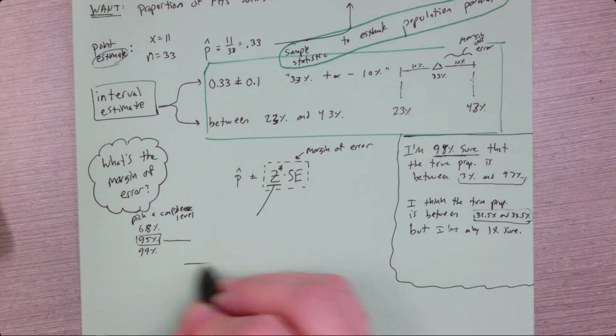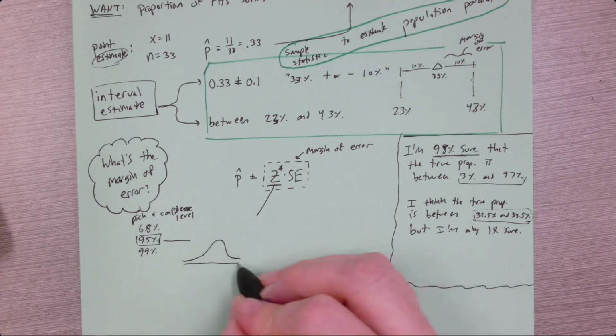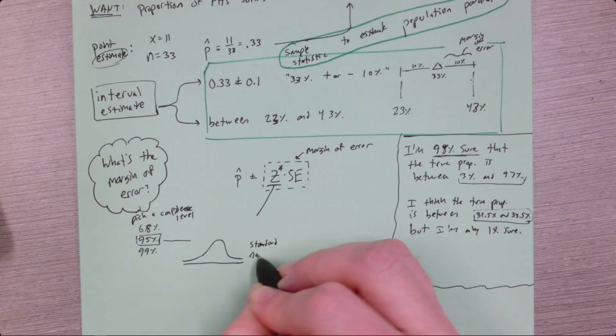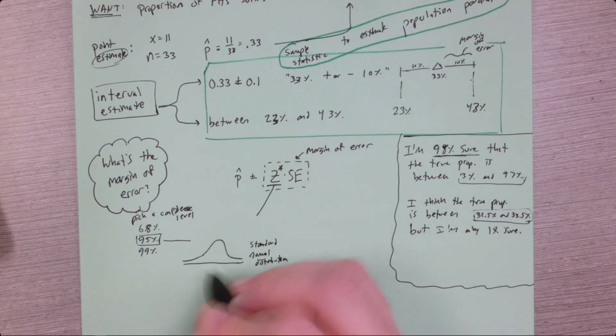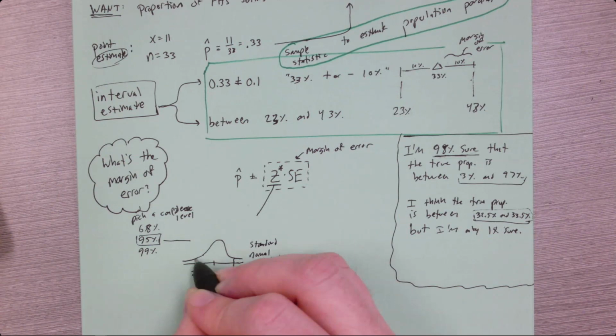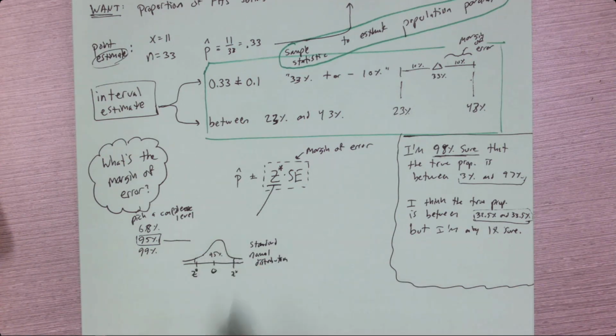What you're going to do is look at the standard normal distribution. And we want to find a z-score where 95% of the possible results are between those two z-scores.